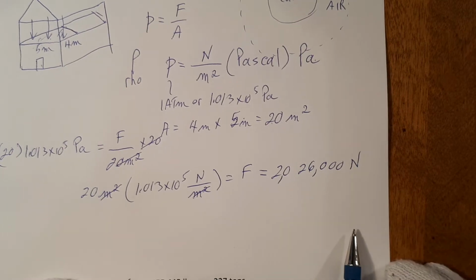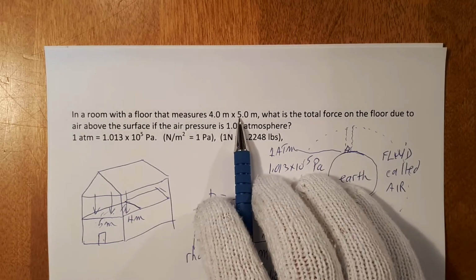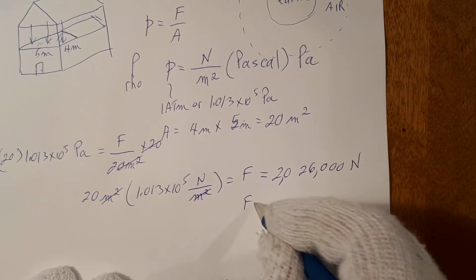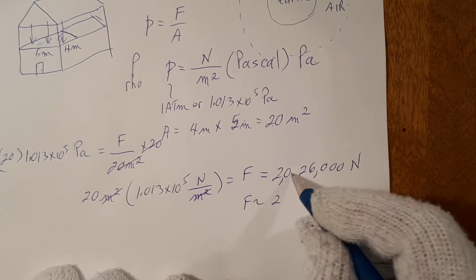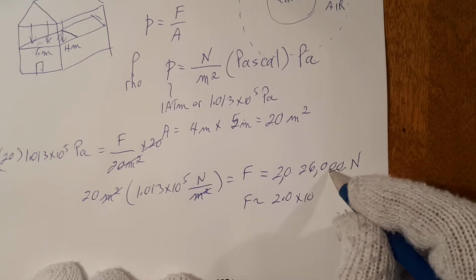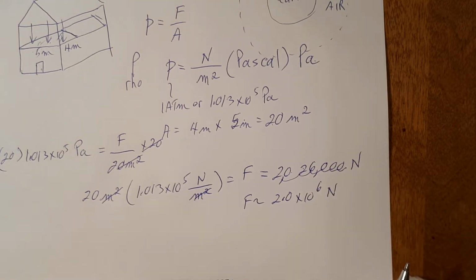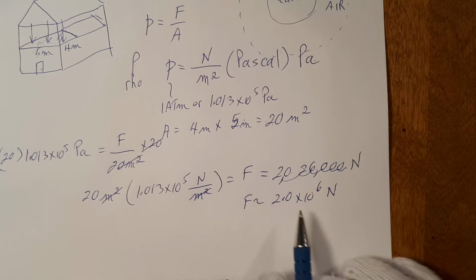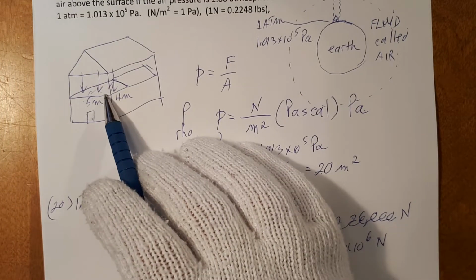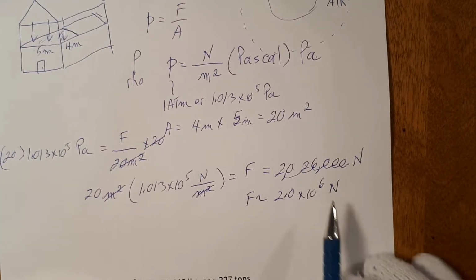Rounding this number to two significant figures, approximately we're going to go 2.0 times 10 to the power, decimal point is here, 1, 2, 3, 4, 5, 6. So the force acting on this floor, as a result of all of the air from here all the way into space, is 2 million newtons.